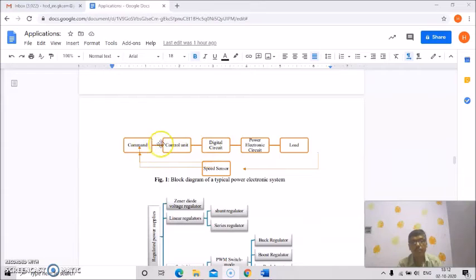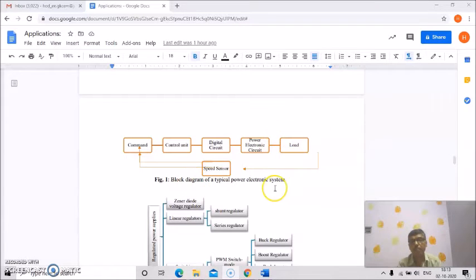The control unit responds when it is given a command, and this command is further modified by the feedback loop, with speed sensors. The feedback signal from the speed sensor is compared with the command, and the compared signal is supplied to the control unit. The control unit as a whole controls the digital circuit, which controls the power electronic circuit, and hence the desired output is provided to the load.